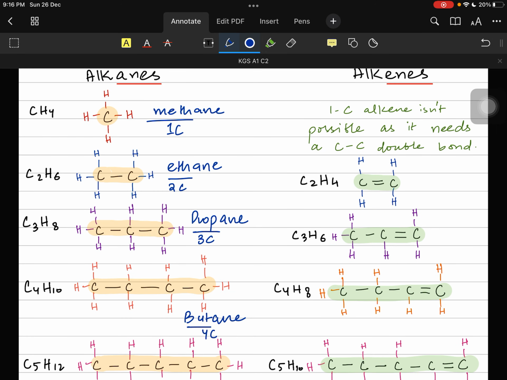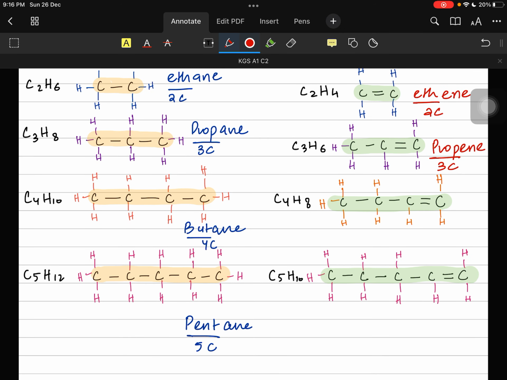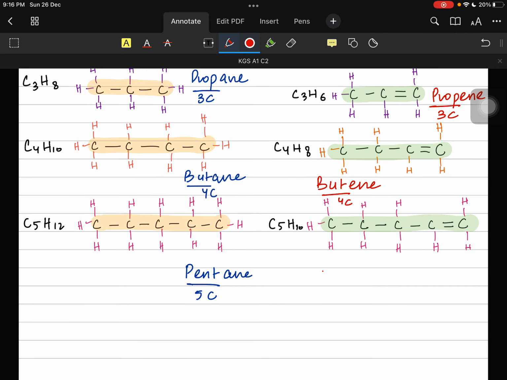Similarly, for alkenes you will have the same pattern. For example, a 2 carbon alkene would be known as ethene. Eth again means 2 carbons, but this time it's not ethane, it's ethene. So it's a 2 carbon alkene. We have propene, which means a 3 carbon alkene. Prop means 3 carbon, remember, and then ene means alkene. Butene means a 4 carbon alkene, and pentene means a 5 carbon alkene.